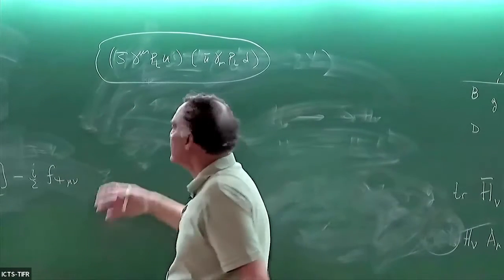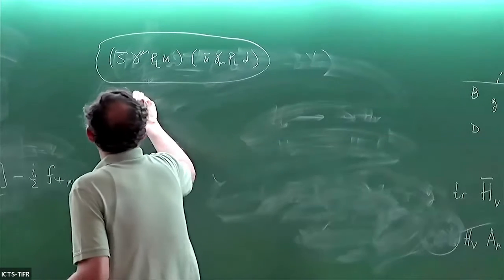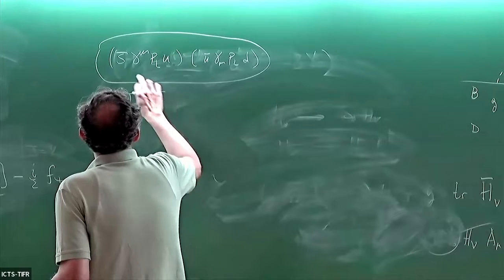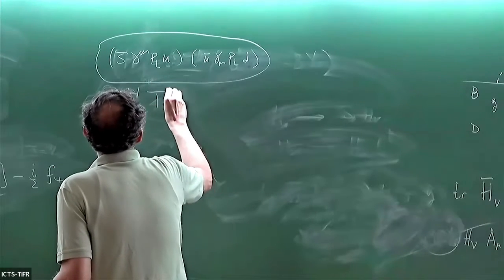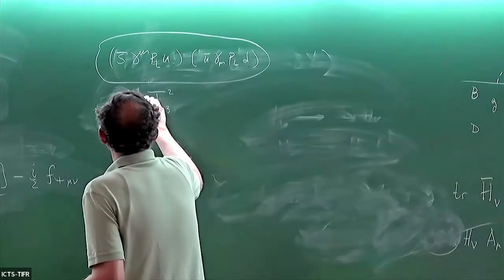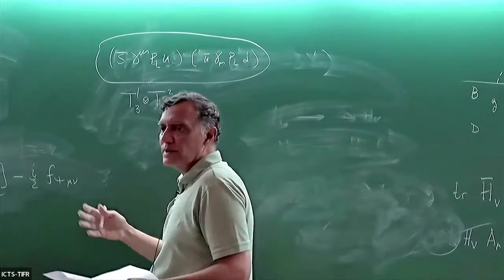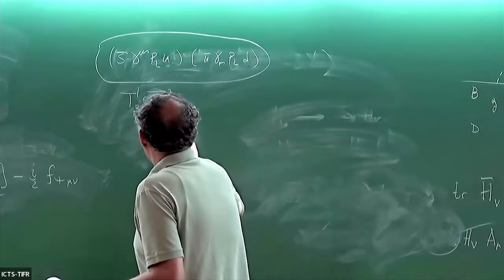It's the 1-3 matrix of an octet of currents, and the 2-3, it's this combination of currents. So you break it up: 8 cross 8 is 1 plus 8 plus 10, 10 bar, 27, and this has an octet in it and a 27 in it.